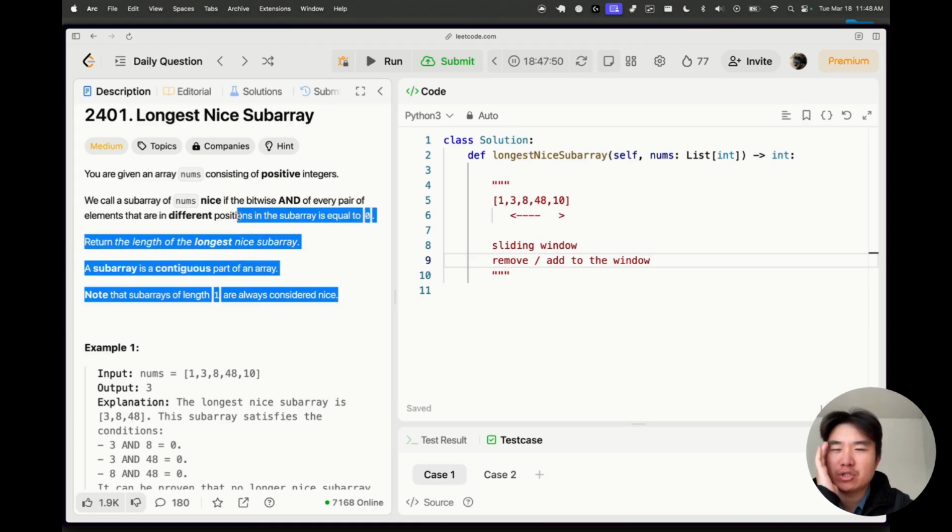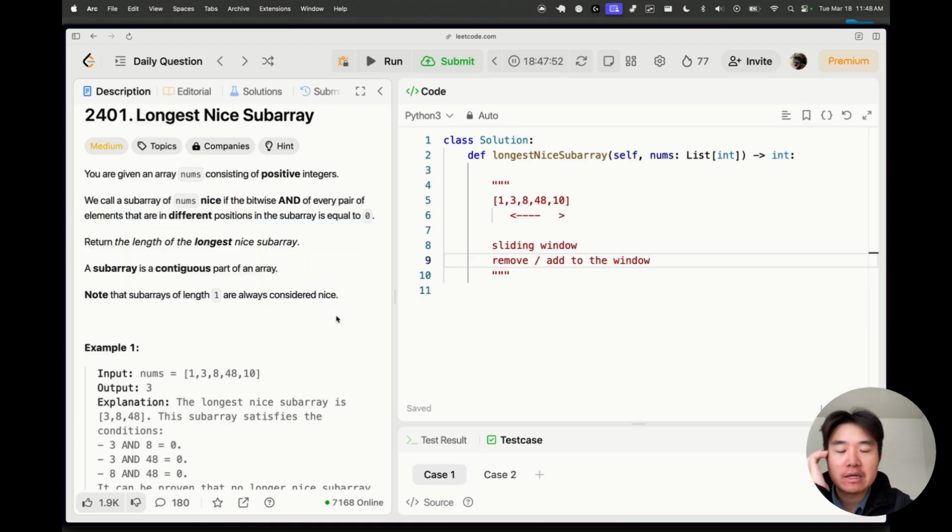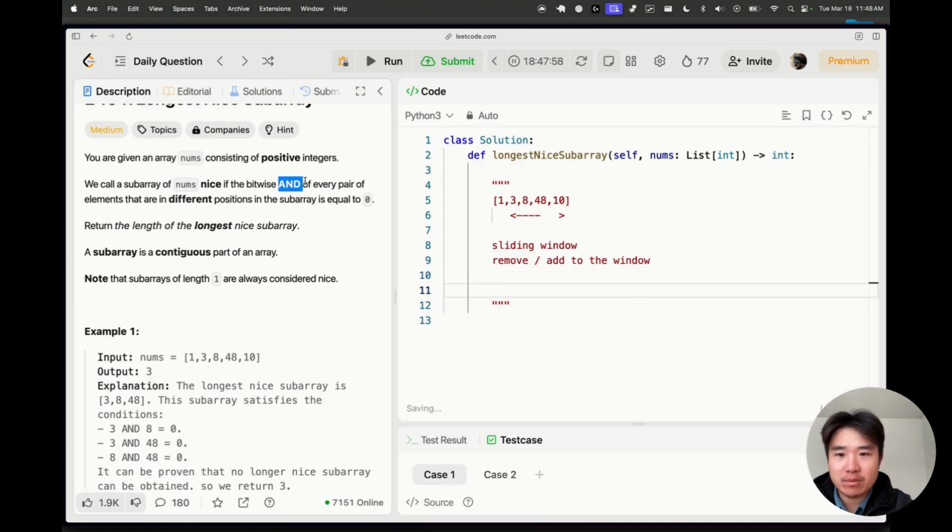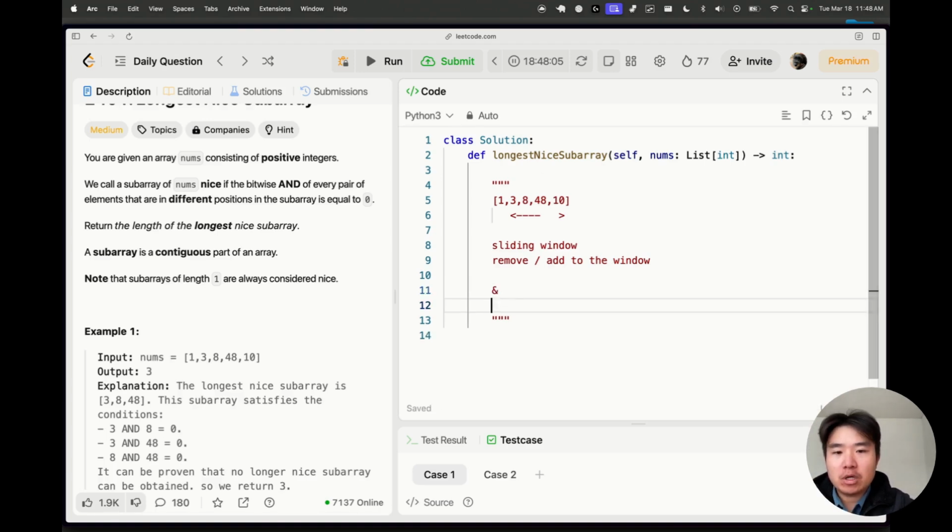And that's when we have to know a couple properties of these bitwise operators. So one thing that we will have to use for sure is bitwise AND. Then I'm thinking we need some sort of current bits, right?